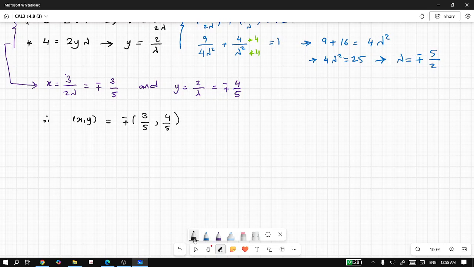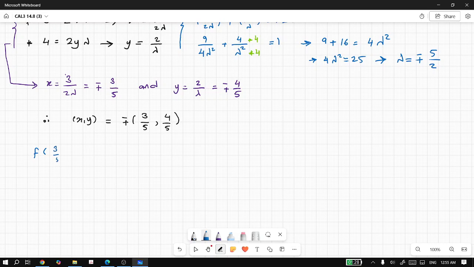By the 4 conditions I mean positive and negative for the 3 over 5, and for the 4 over 5 another time. So here we have to find f of the points that we have, so that we can find which one is the maximum point and which one is the minimum point.